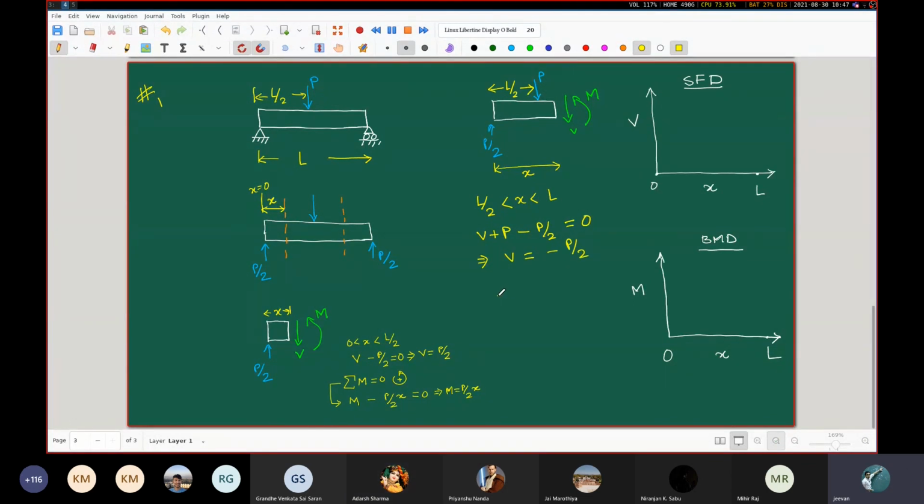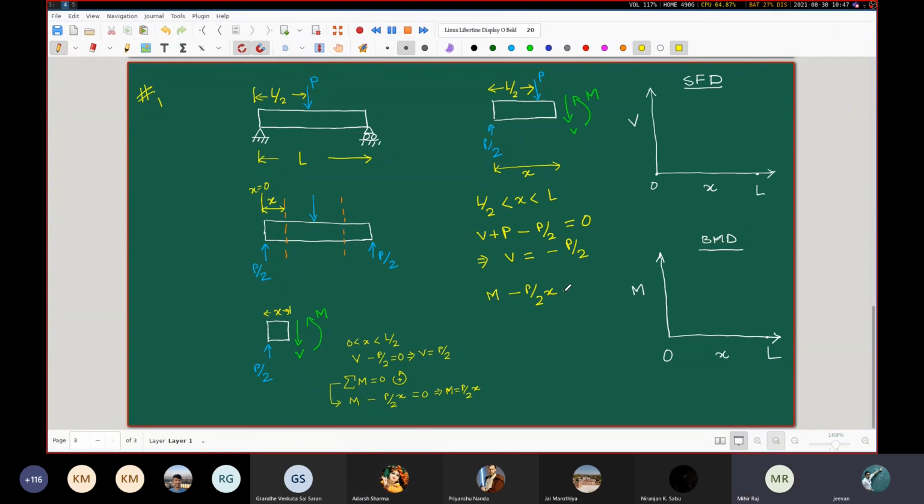Next for the M, tell me. Same kind of thing. Sigma M equal to 0, anti-clockwise positive. So first we have M minus P by 2 into X, minus P into X minus L by 2.